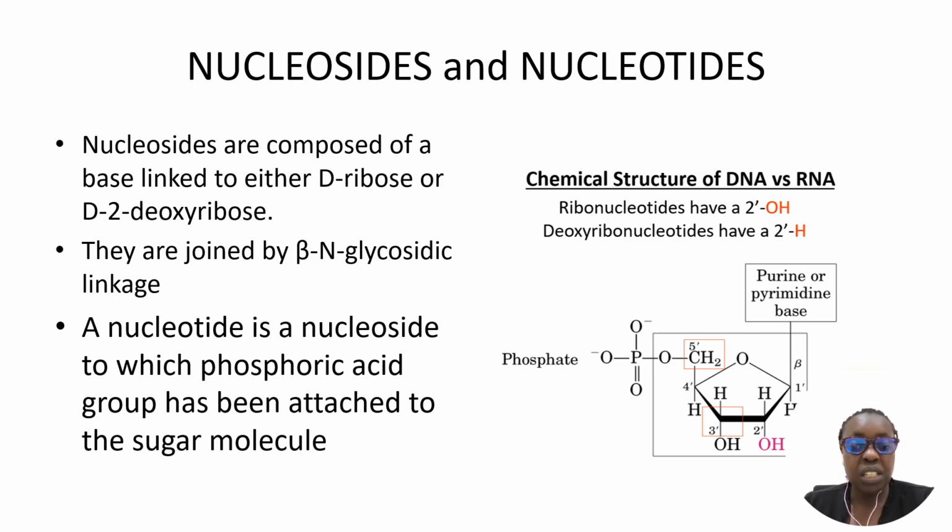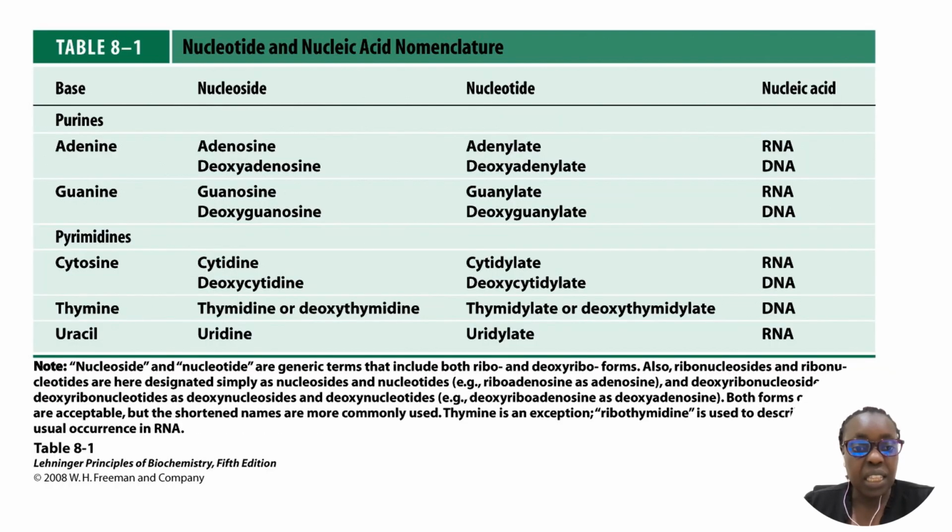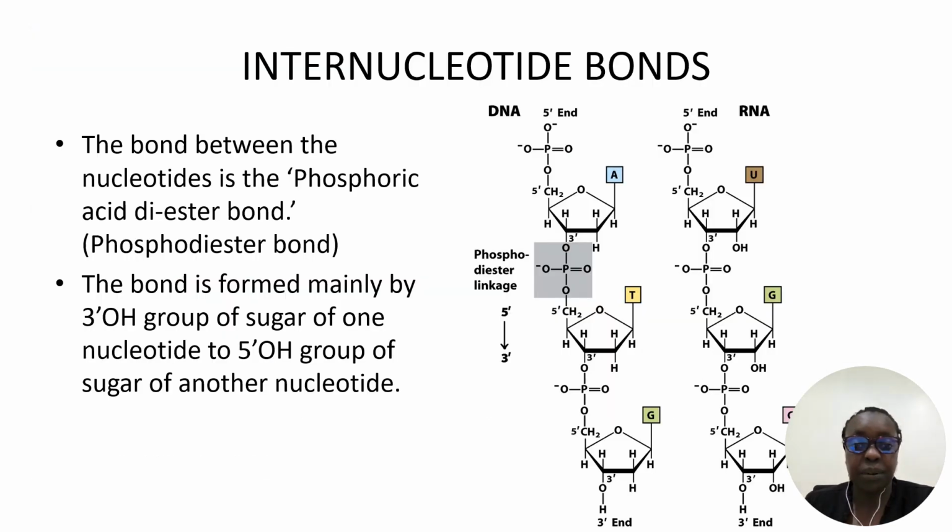Okay, so that is a big difference, and this difference is what contributes to the differences in the names here. For example, if you see adenosine, we know this is a nucleoside. It is made up of ribose and adenine base. But if you see adenylate, this is a nucleotide. It is made up of ribose, phosphate, and adenine.